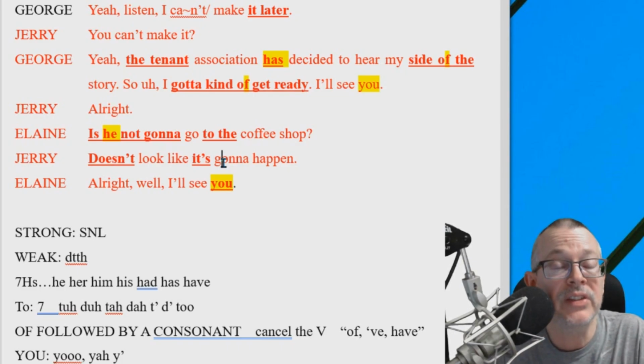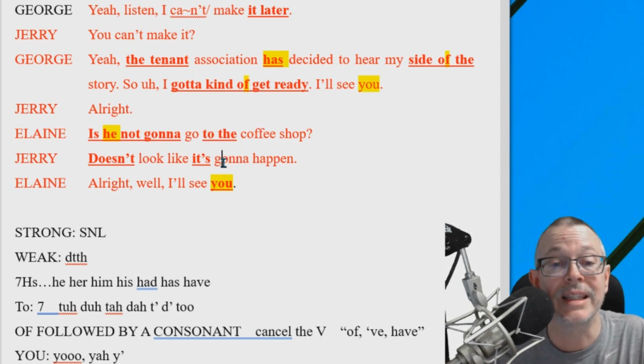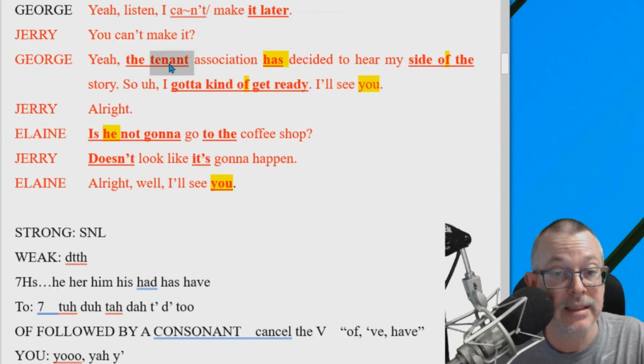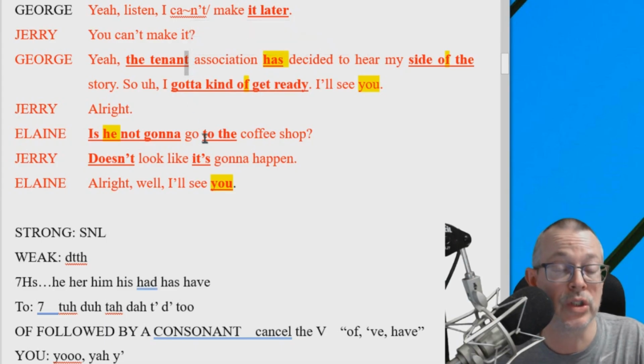However, in this assignment, "tenant," we've used it and heard it several times. This word is becoming common. It's becoming a word that we use a lot. And I told you, if we use this word a lot, that T can be canceled. And that's exactly what George did.